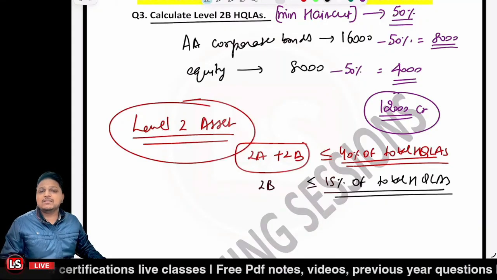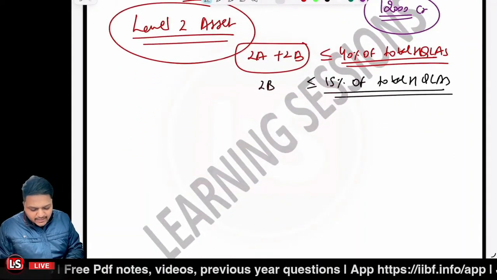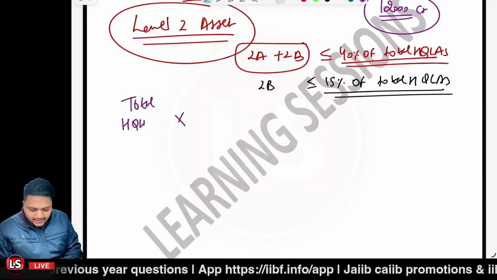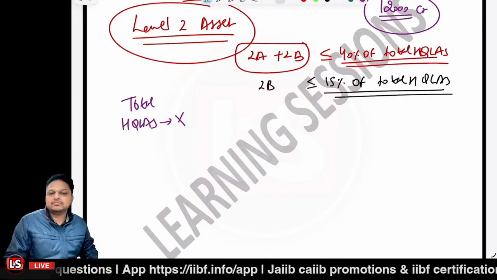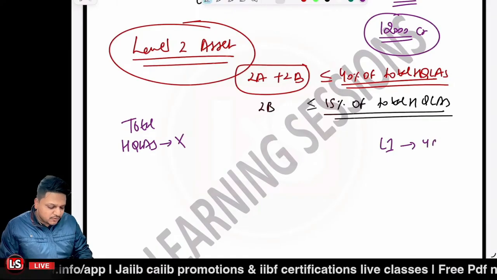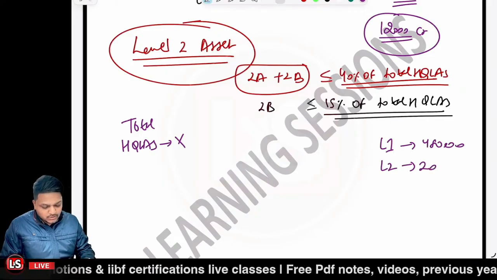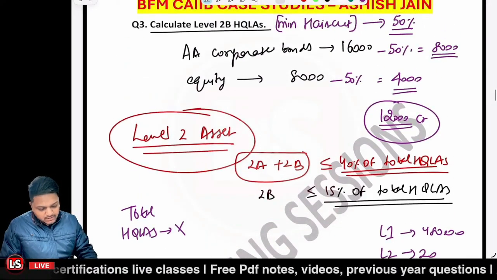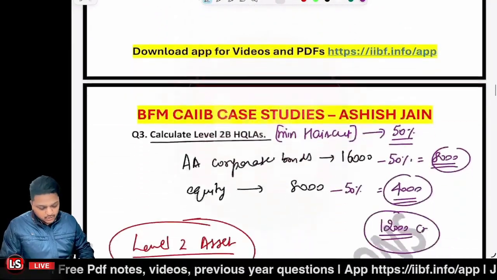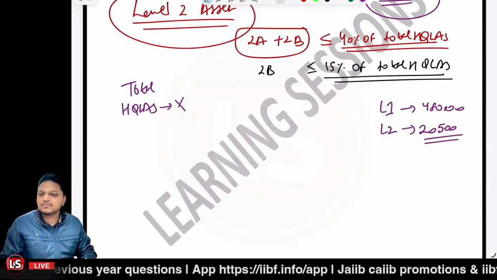Let's take the case that we don't know the total value so far, so let's consider the total HQLAs to be X. Now we know that the level 1 assets are 48,000 crores, and level 2 assets total 20,500, because 12,000 from this one and from the previous one it was 8,500, right? So the total level 2 assets are 20,500 crores.